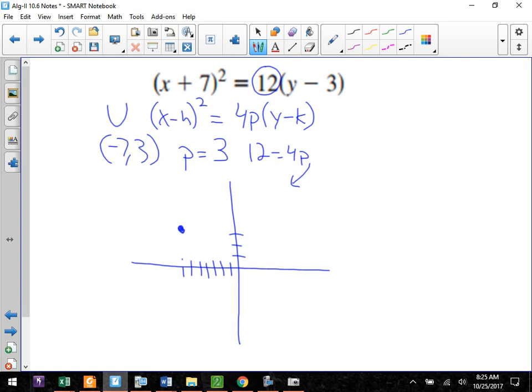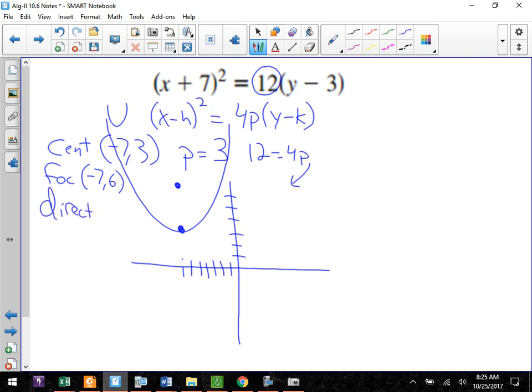So the focus will be 3 above this. So here's your center. The focus is at negative 7 and 6. And where's your directrix going to be located? It's going to be below it. It's going to be at 0, so the directrix is going to be at something equals 0.